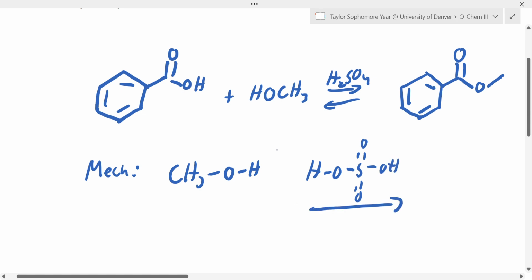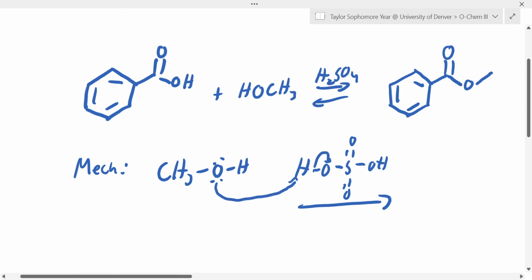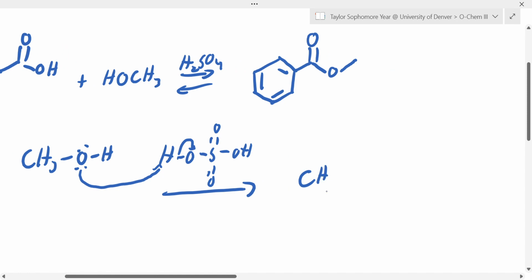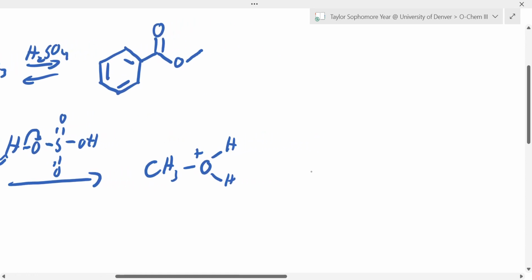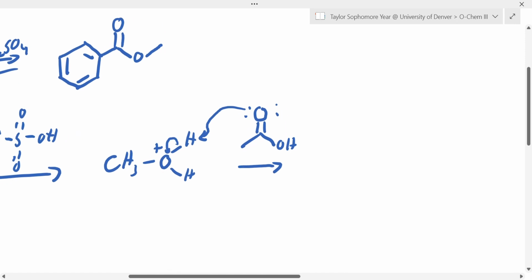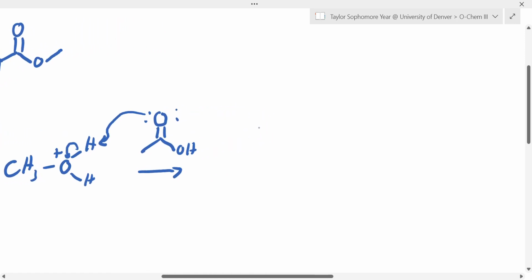So the oxygen will pick up the hydrogen, causing the oxygen to be positive. However, this also then allows this carboxylic acid to come in here, and its electrons can take an oxygen, getting it back to a neutral state. However, this causes the carboxylic acid to now have a positive charge.